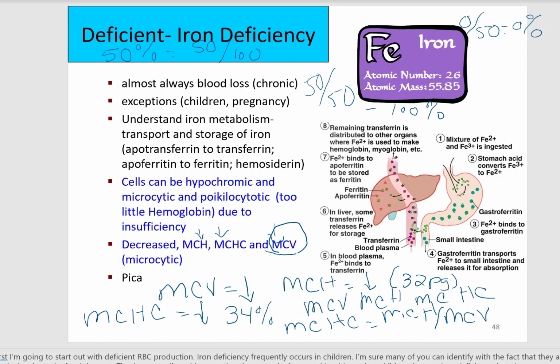MCHC is a percentage. It is a mass divided by volume. You can think of this as the number of questions you got correct divided by the number of questions that you had available to you. In iron deficiency, all three values go down. MCV goes down, MCH goes down, and MCHC. They are not directly proportional. They are not proportional at all.